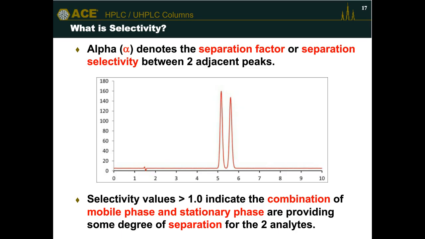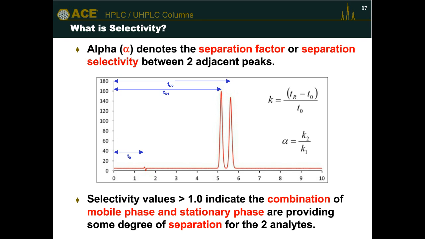It doesn't need to be that much higher than 1 to improve the separation, but it does need to be above 1 for our chromatography to really be achieving what we wanted to, so to be pulling those peaks apart. And your system will be doing this for you in the background. It will give you values of retention, k, and alpha, so the ratios of the k values of two adjacent peaks.